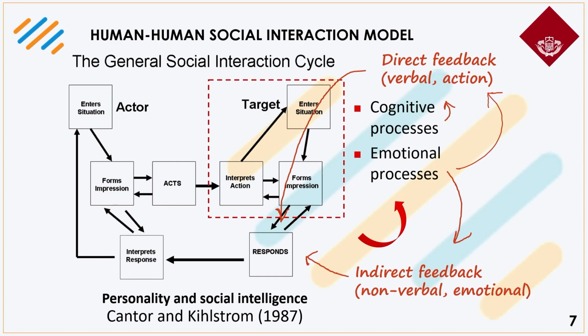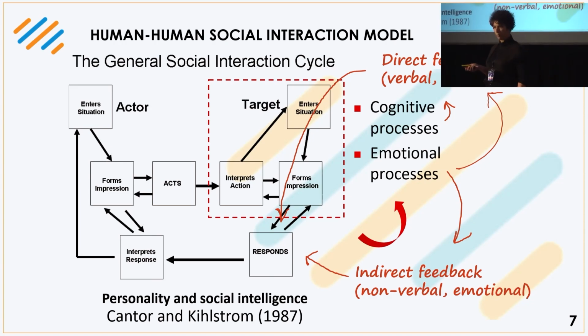We have an emotional feedback that is also affected by cognitive process. For example, a person can decide to hide deliberately their emotion because it's not deemed appropriate for the particular context. So this is very difficult to model and implement on a robot.